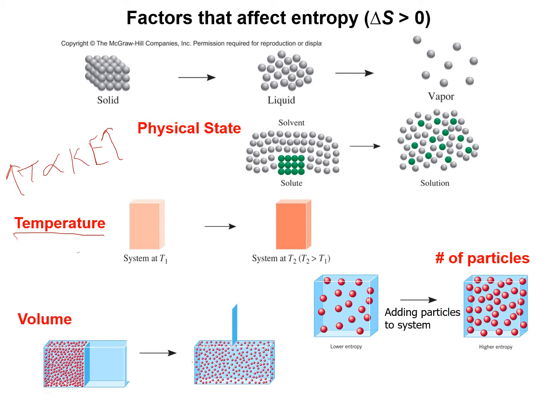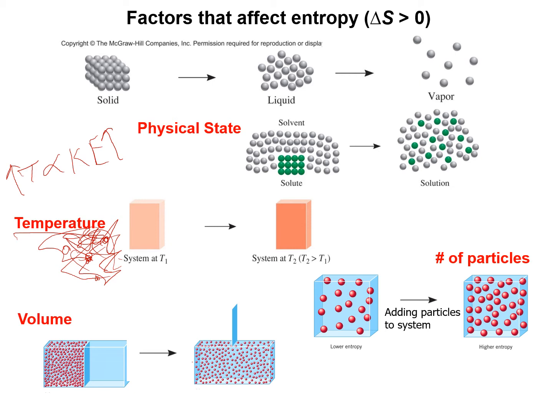So at a higher temperature, the molecules will move around much more vigorously. They're going to collide with each other, they'll have more disorderliness in the system. So as the temperature increases, we increase the disorderliness and the entropy of the system.